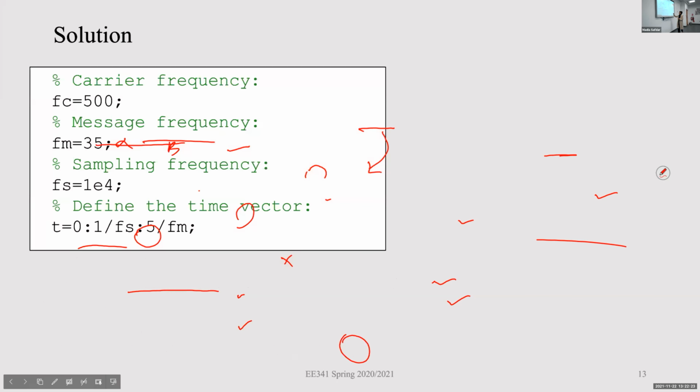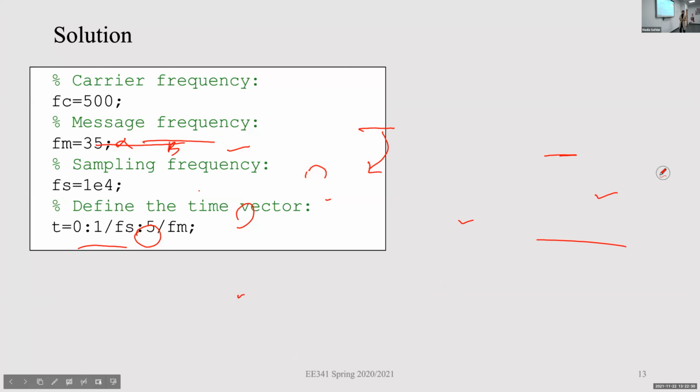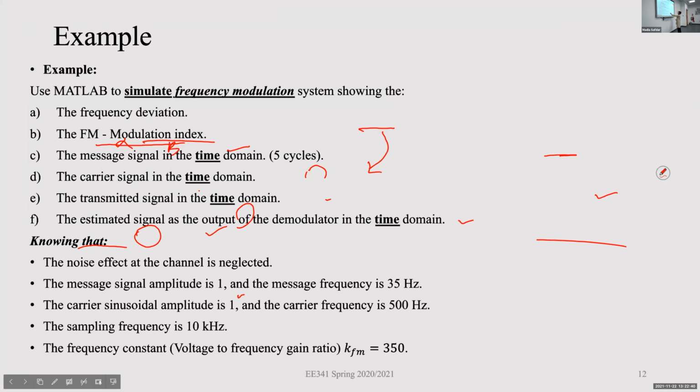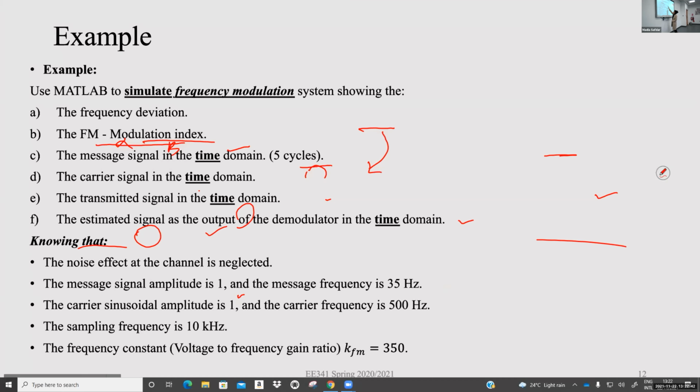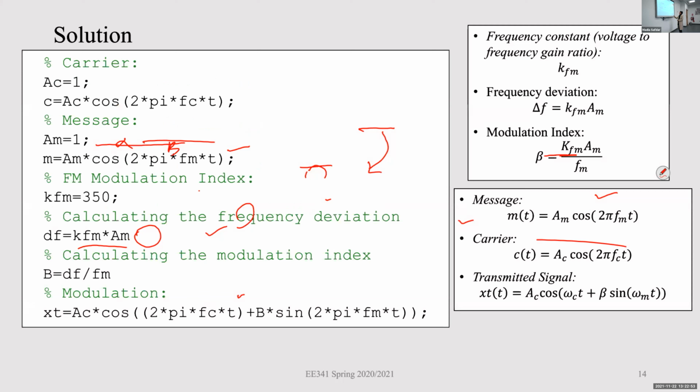So we will start our coding like this. First of all, we will define the carrier frequency, then message frequency, then sampling frequency, then the time vector. This is my scale, because it was given in the question that I have to get 5 cycles: 5 divided by Fm, where Fm is my message frequency, which is 35. So up till 7 it will go.